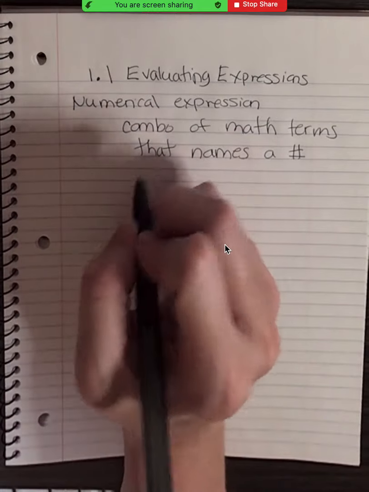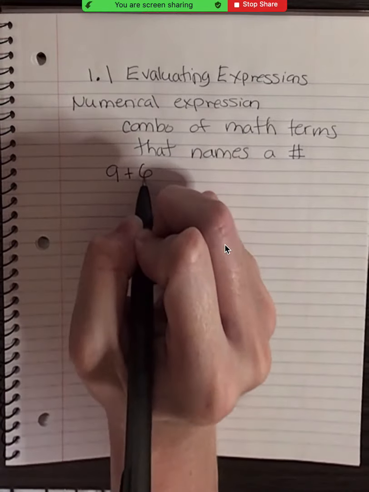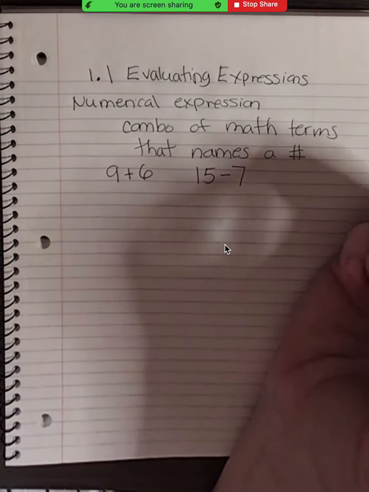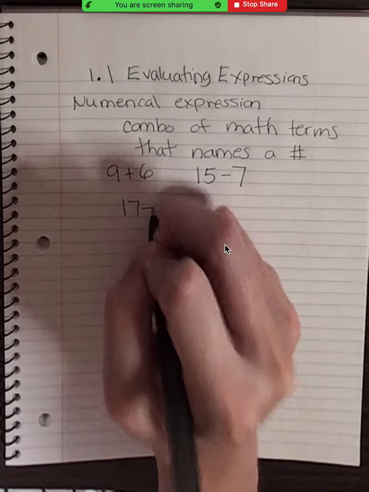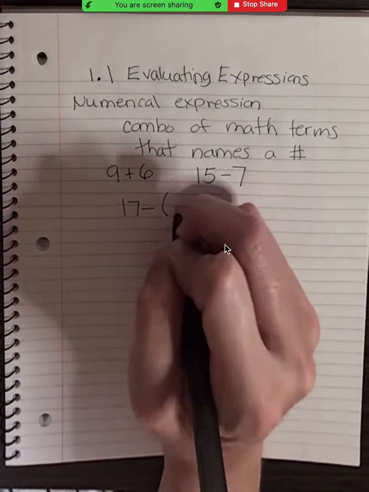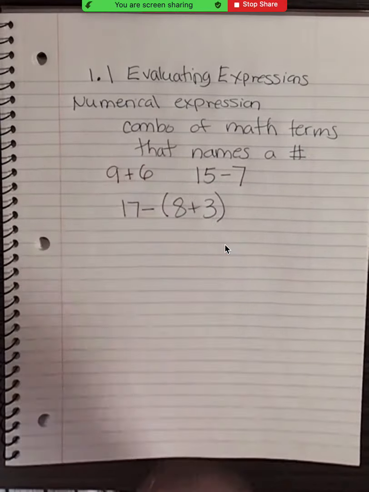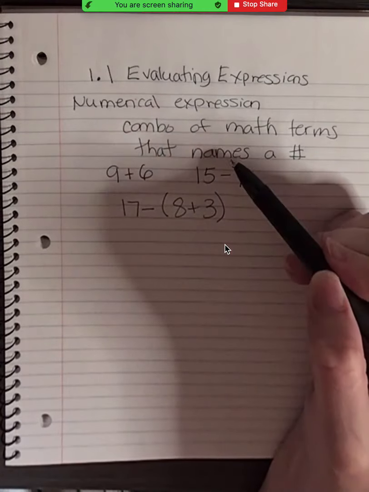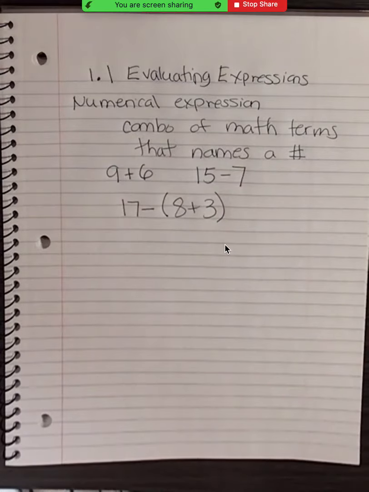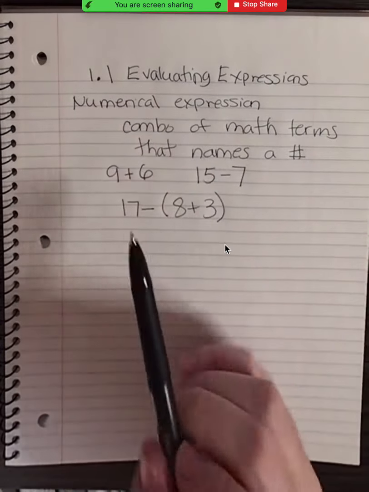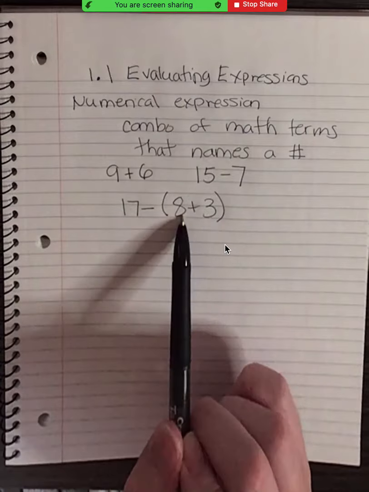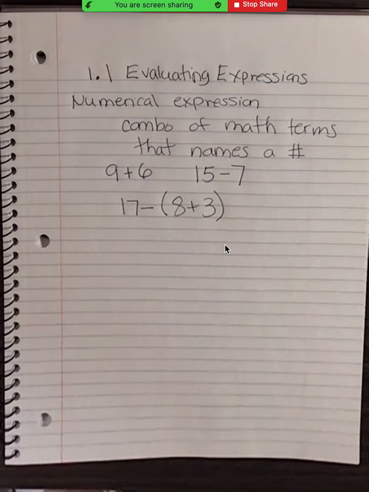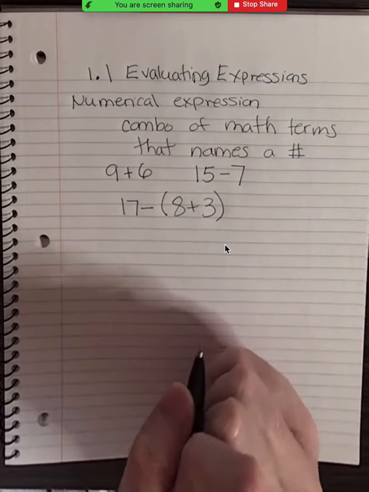Something like 9 plus 6, or 15 minus 7, or 17 minus, then we're going to put in some parentheses here, 8 plus 3. Okay, numerical means number. Expression is just the collection of those. So numerical expression is simply numbers and operations. Addition, subtraction, multiplication, division. Okay? And it contains numbers. That's it.